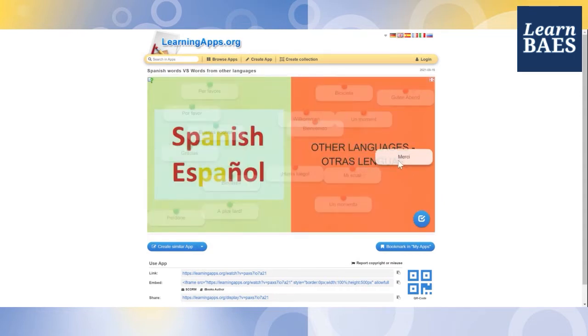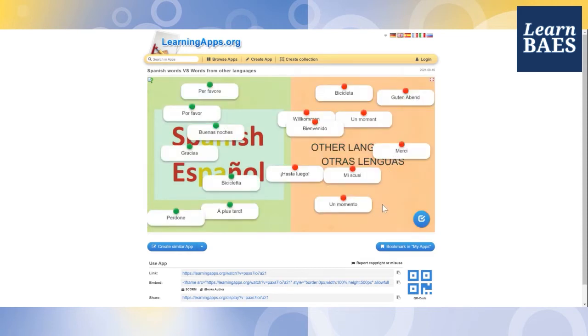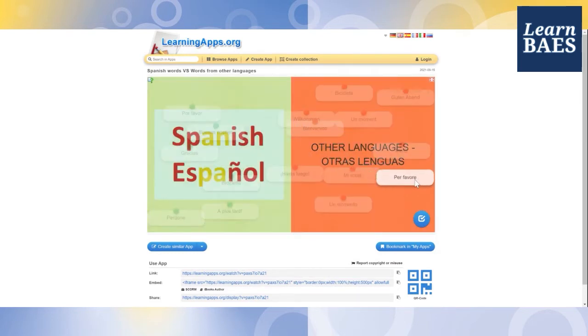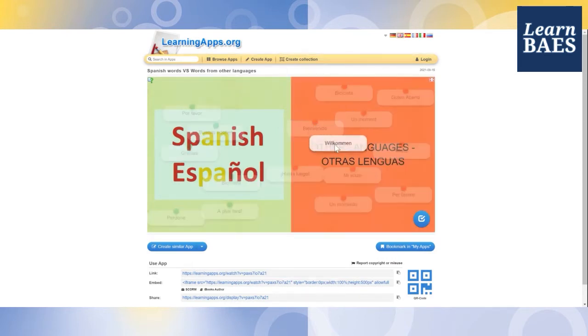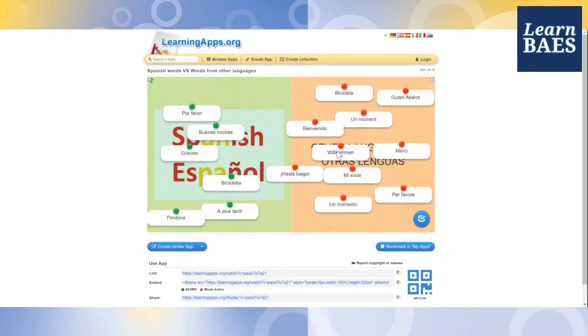Muy bien, Martin. Per favore is Italian. Per favore es italiano. È italiano, sí. Not sure about my pronunciation, but willkommen is German. I'm not sure how we pronounce it. German, alemán. Guten Abend is German as well.